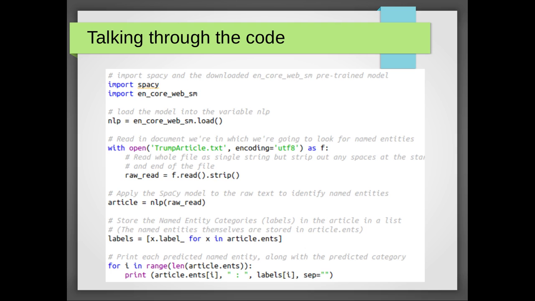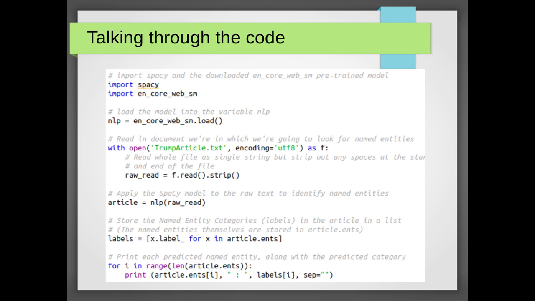Then we just need to pull out the named entities. And the beauty of SpaCy is it's got this functionality built into it. So what we want to do here is store the named entity categories, which are referred to as labels. Those are the things, remember, like person, org, geopolitical entity, that sort of thing. They're the labels. We want to store those in a list.